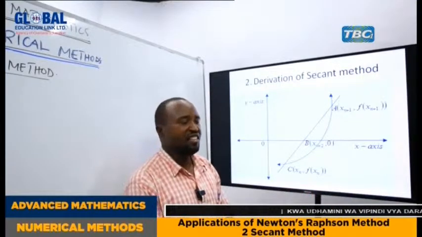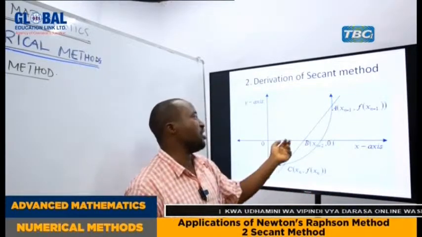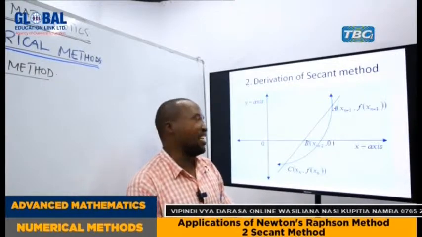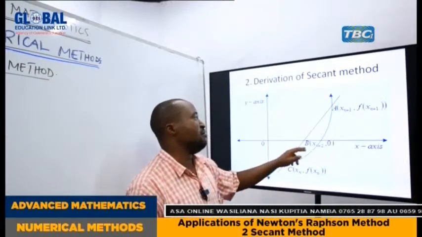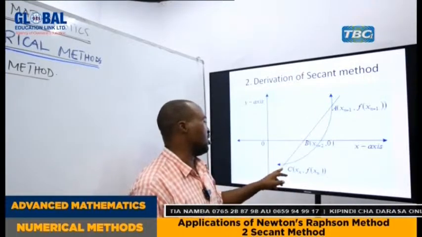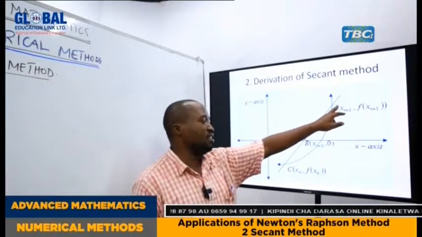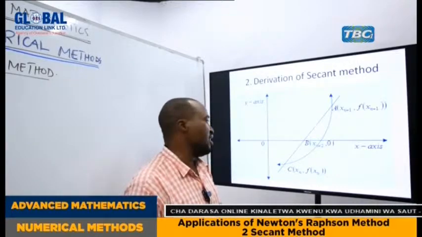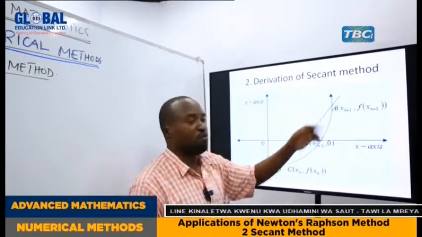So any line which intersects more than 2 points of the curve is called a secant line. So line CBA is a secant line because it crosses at point C and point A. Now let us find the slope of these points.